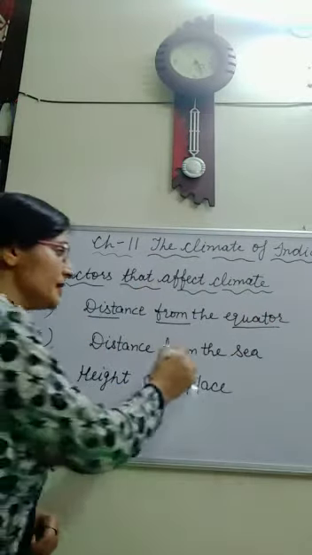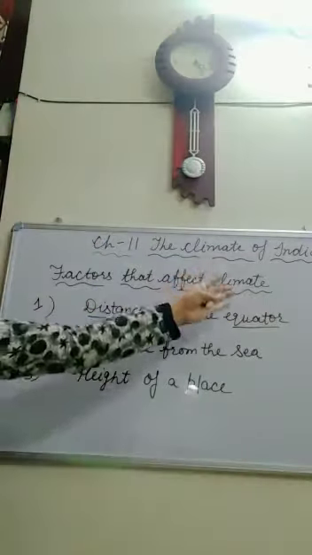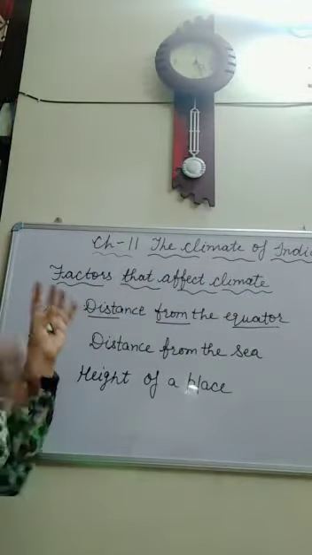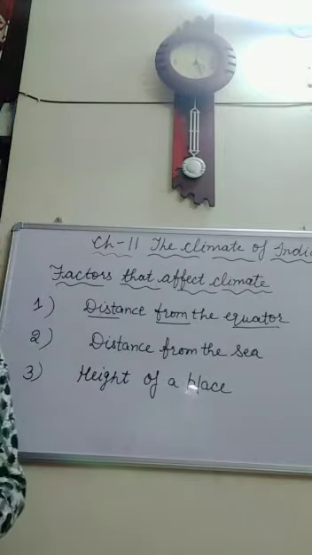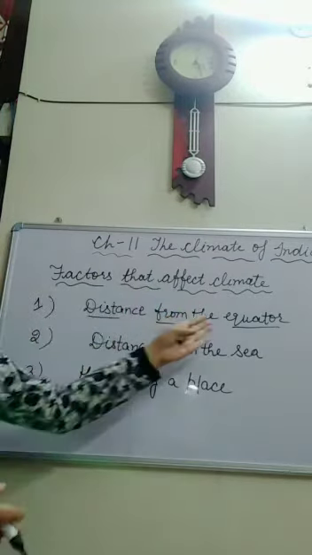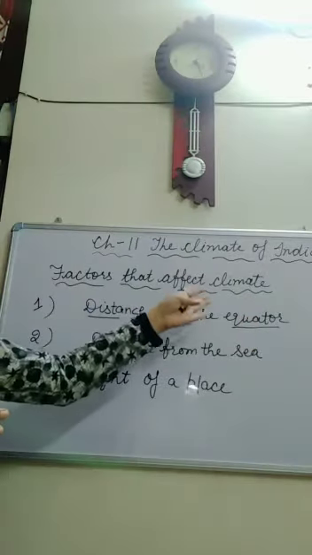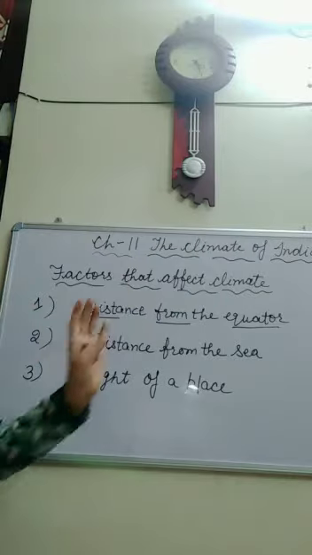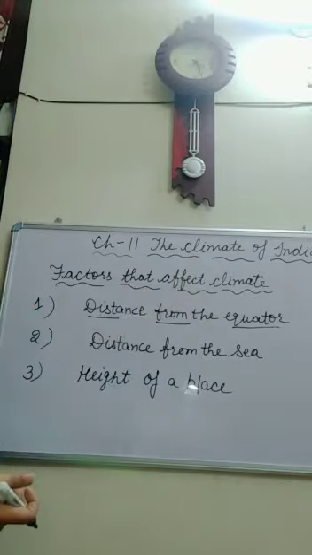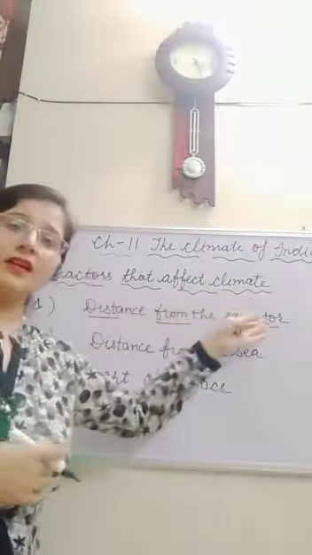The main reason behind this is that the rays of the sun fall vertically on the equator. So that's why the places near the equator become hotter.